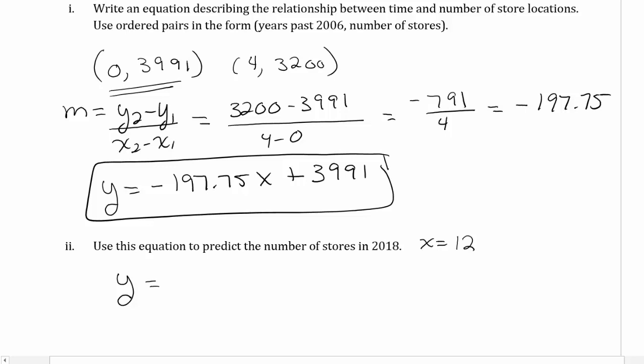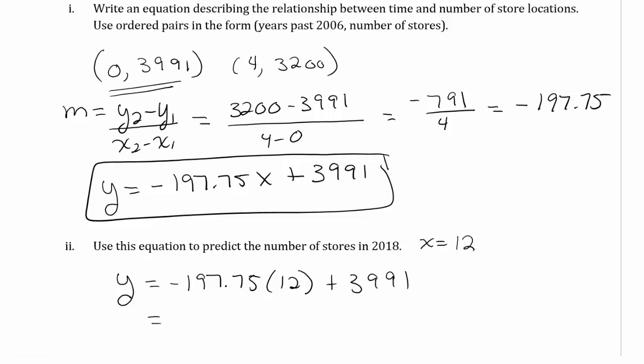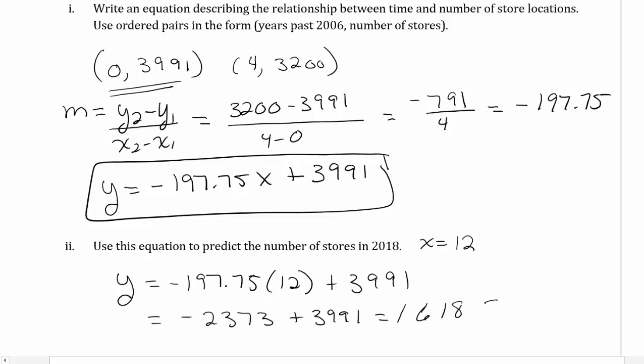So that will give us negative 197.75 times 12 plus 3,991. So that's negative 2,373 plus 3,991. And we get 1,618 stores.